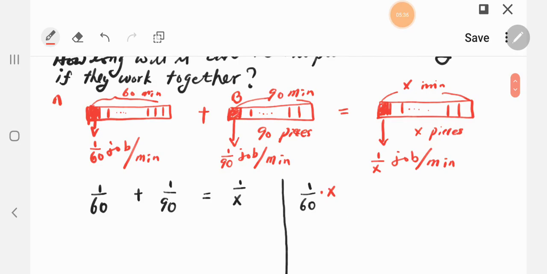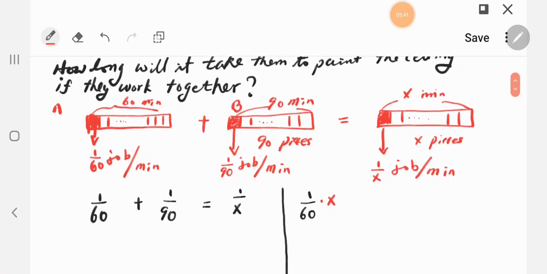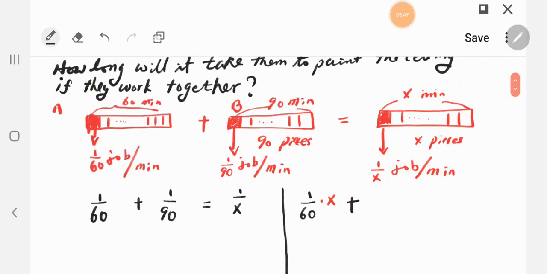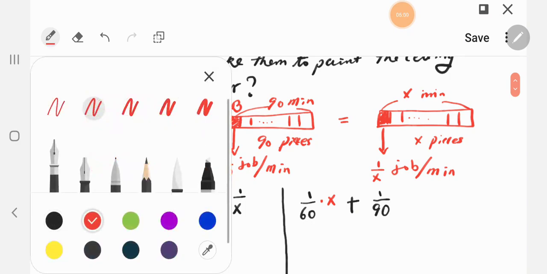So A can complete this many jobs, plus the second person, whose work rate is 1/90 of the job per minute, multiplied by X minutes, the time they work together.